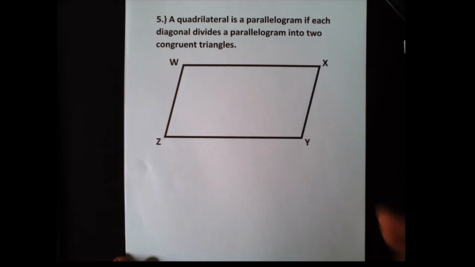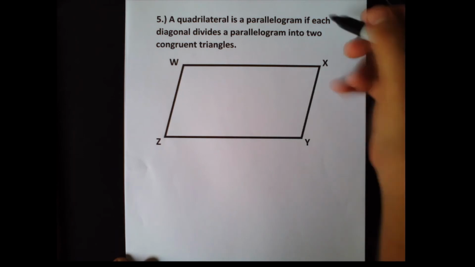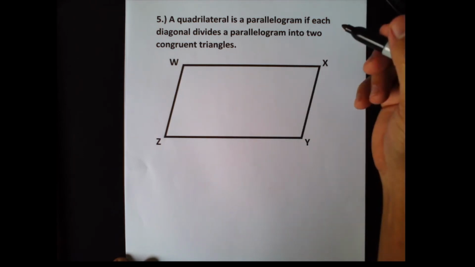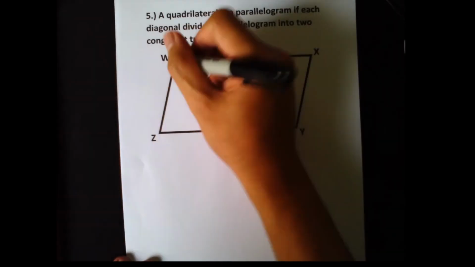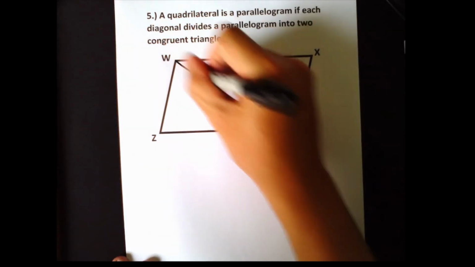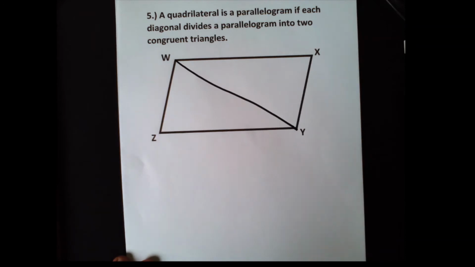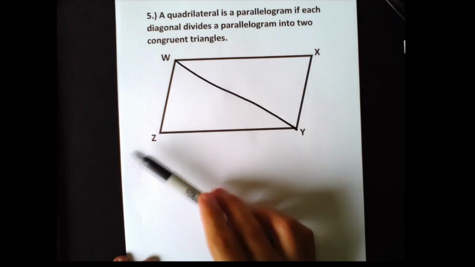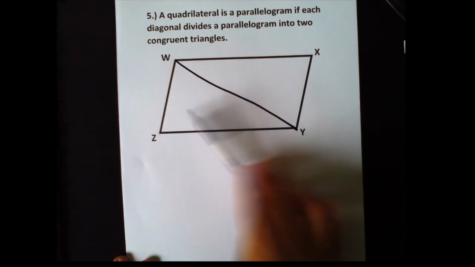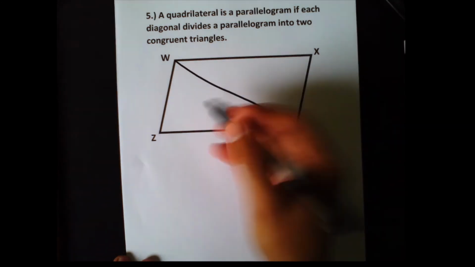I repeat, if each diagonal divides a parallelogram into congruent triangles. So if we draw a diagonal here, it divides the parallelogram into two congruent triangles.